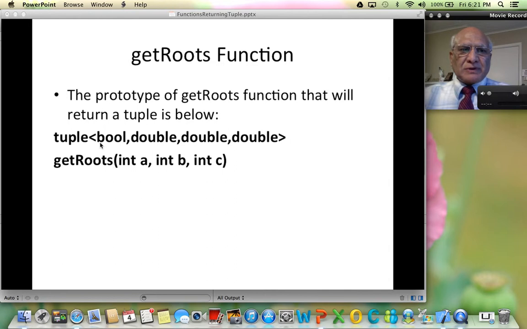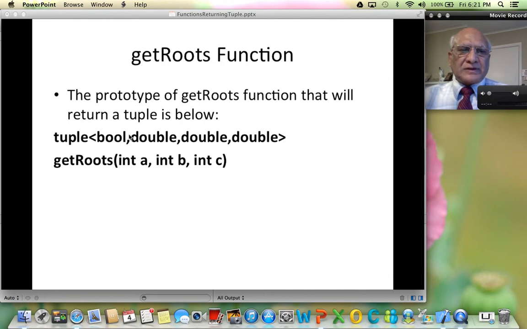Its prototype is below: the tuple word, data type, angular bracket. Still we have to return a bool. It'll be true if roots are real and false if roots are imaginary. But then we have three double types.